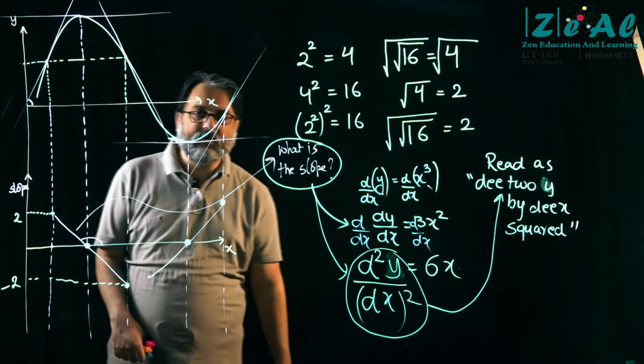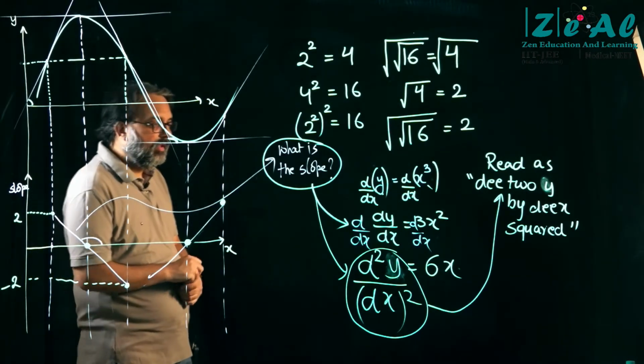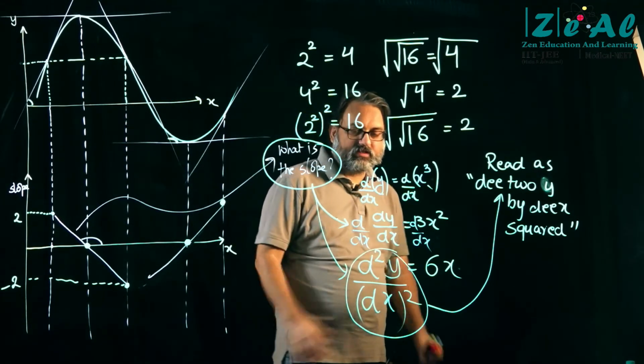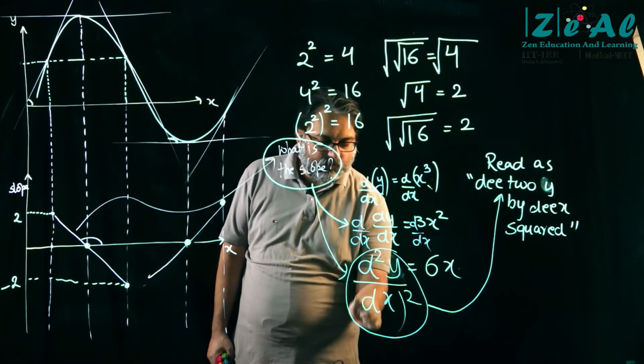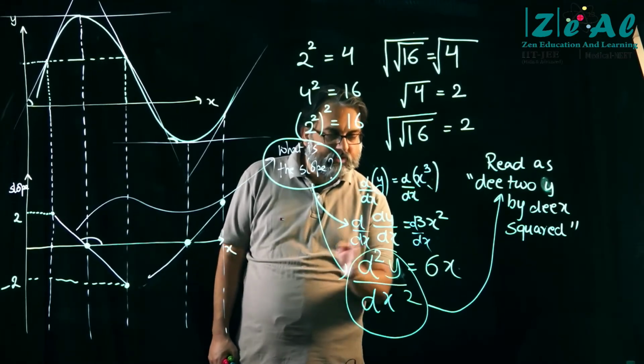No, we can't cancel anything here, Harshit. We can't cancel anything. Okay, this is read as d2y upon dx square. In fact, ये bracket भी यहाँ पे नहीं डालते हैं, right? We don't put a bracket here. I just wanted to show you that dx है तो.